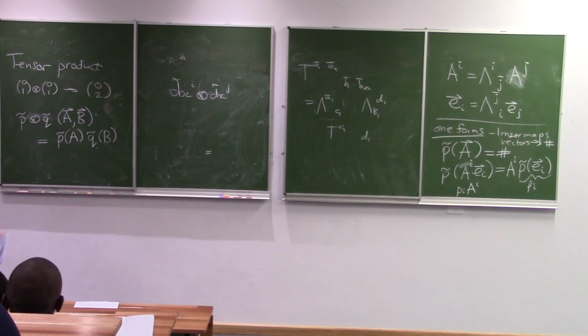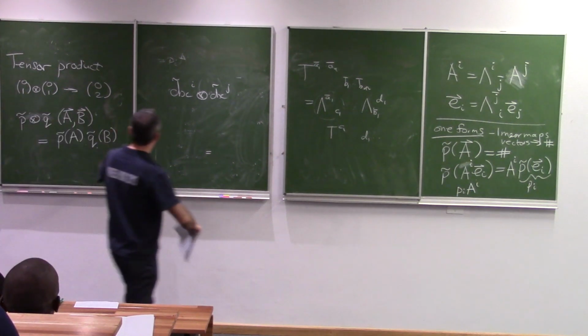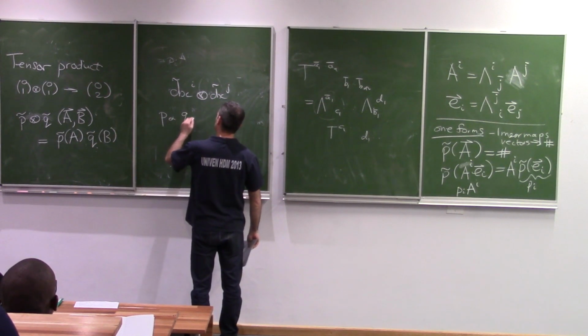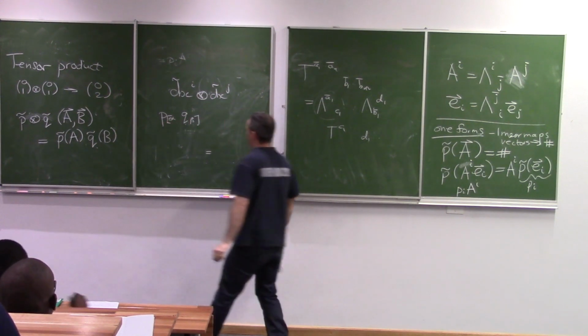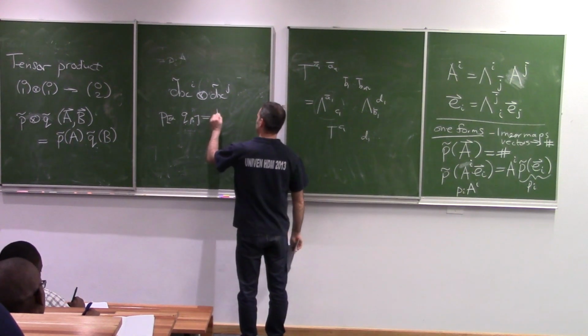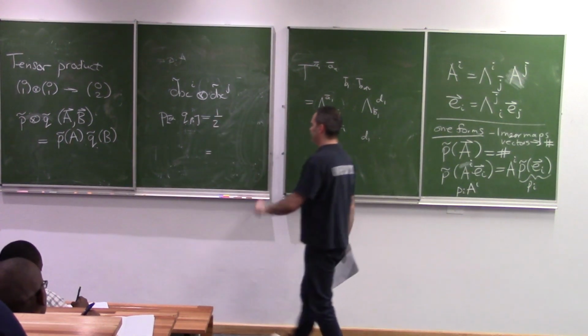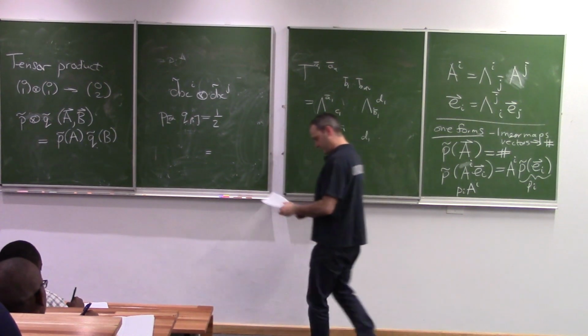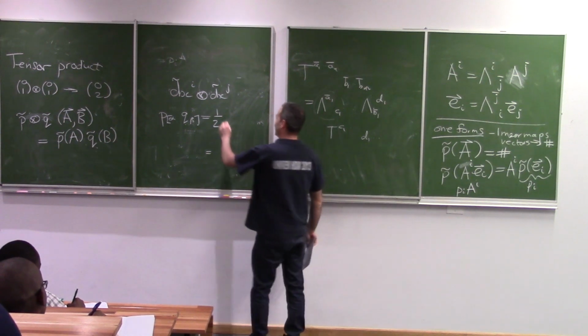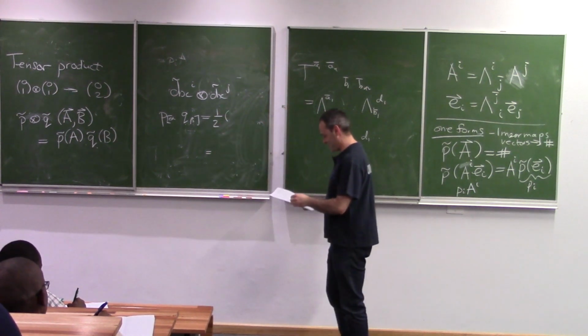Okay, so just some more notation. I'm going to define the anti-symmetrization over particular indices like this. Some people define this without a factor of a half. On a different day, I might also define it without a factor of a half, but today I'm defining it with a factor of a half.